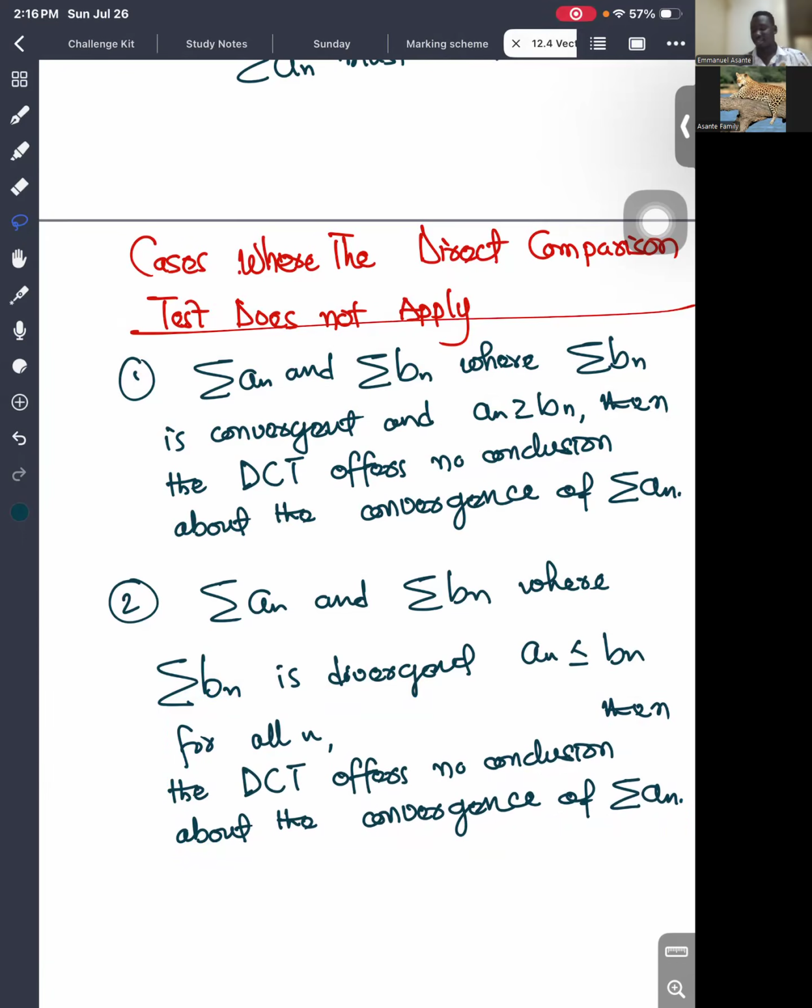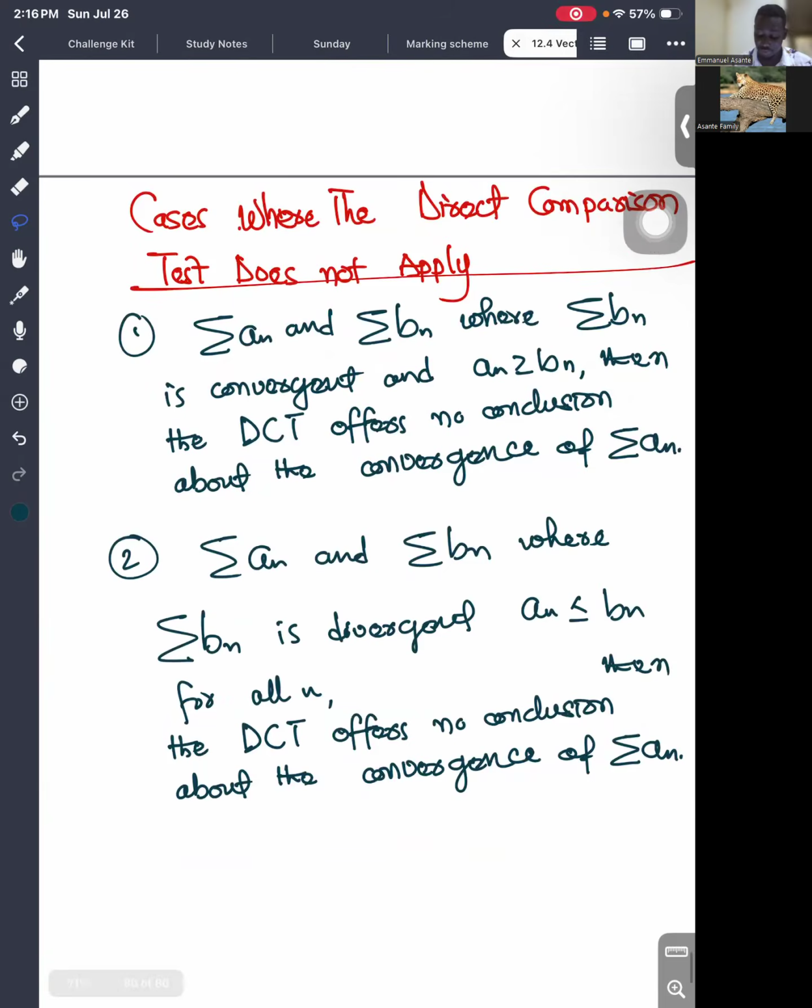So we can say nothing about the convergence or divergence of An in that case as well.